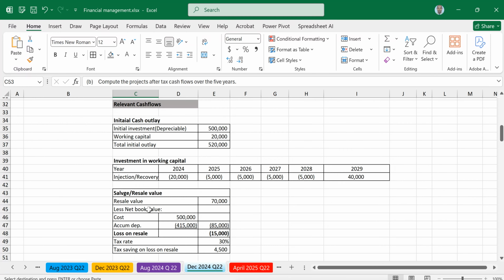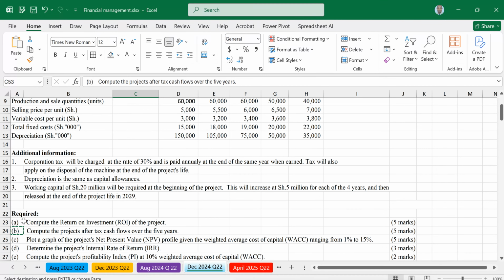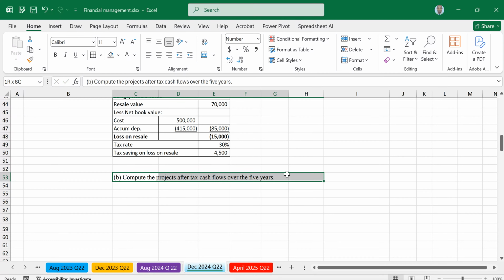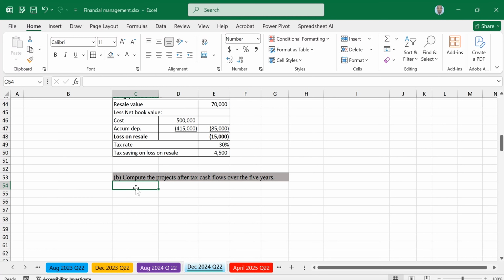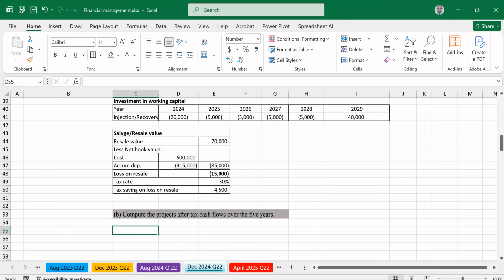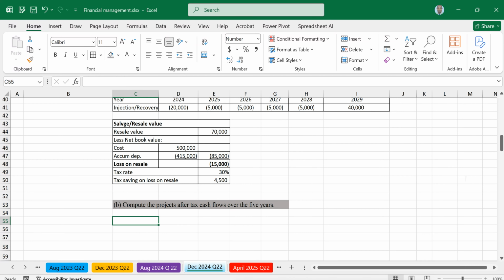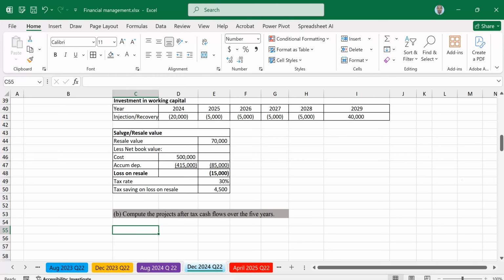So we now answer part B of the question. Before answering the return on investment, we compute the after-tax cash flows over the 5 years. So we'll be having the years.